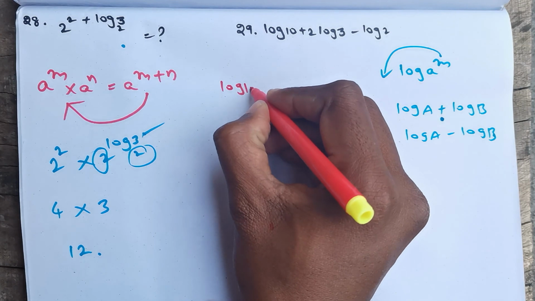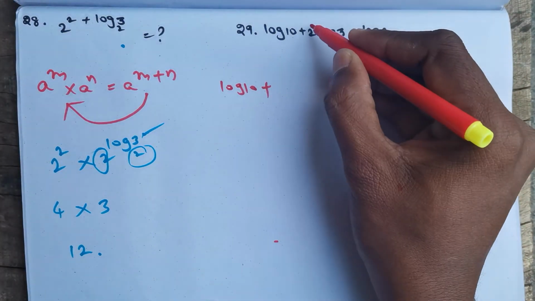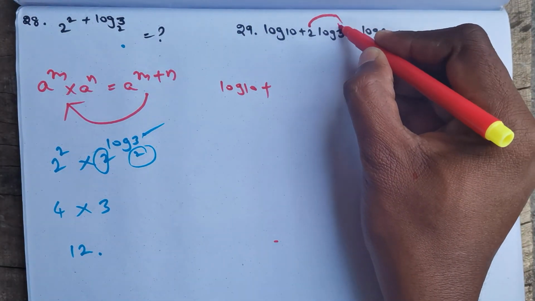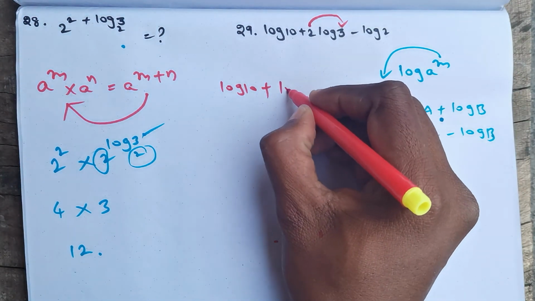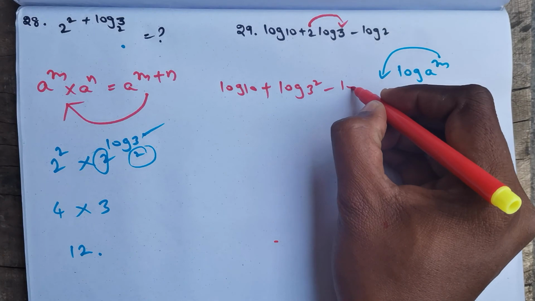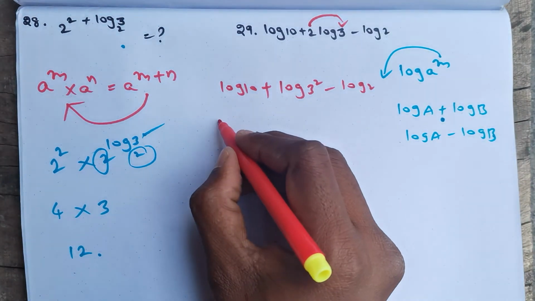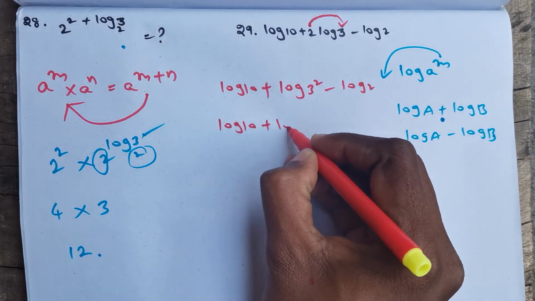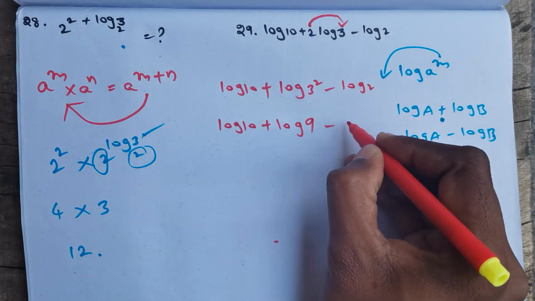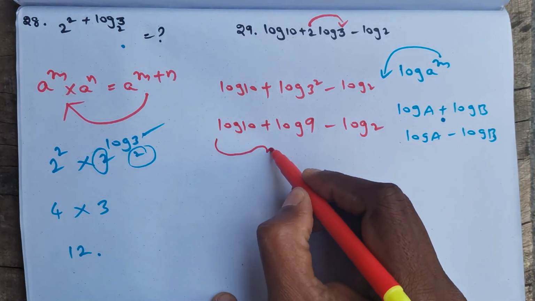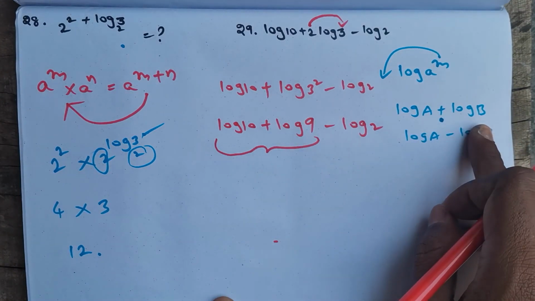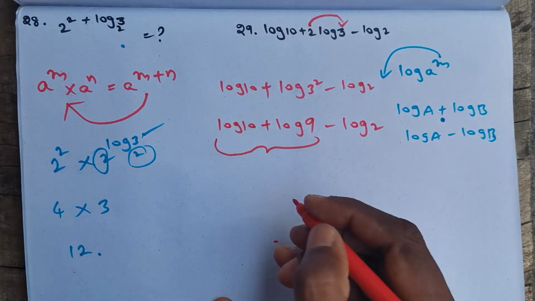Okay, let's move to our question then. Log 10 as it is, plus. Now this number is in the front, so I will take it as the power based on the first formula. So log 3 square minus log 2 as it is. Log 10 plus log 3 square is 9, minus log 2. Now these two terms have plus, so log a plus log b means we need to do multiplication.